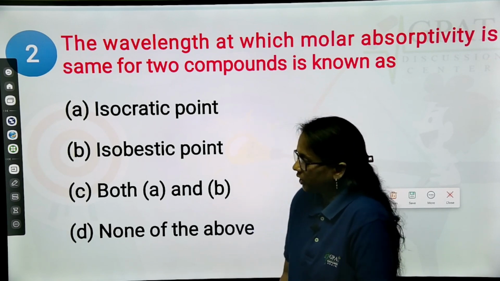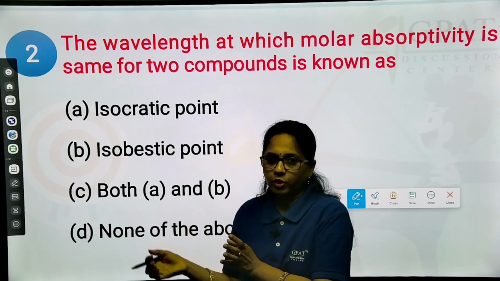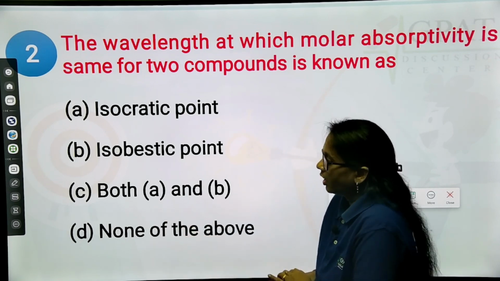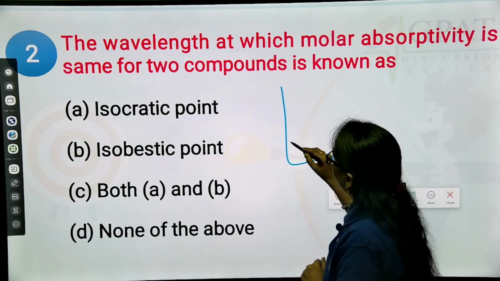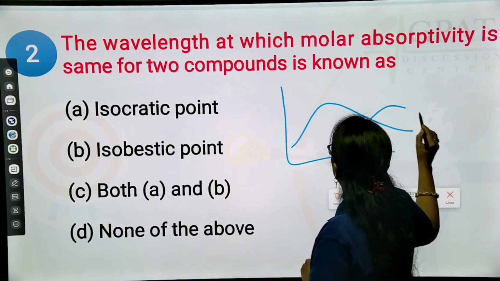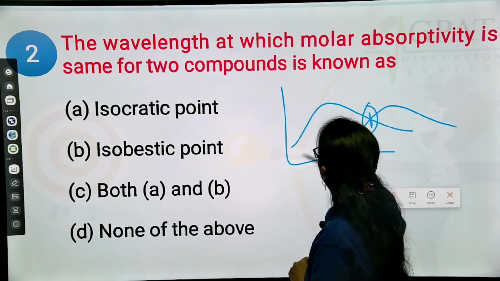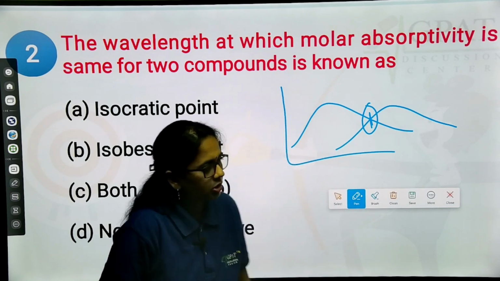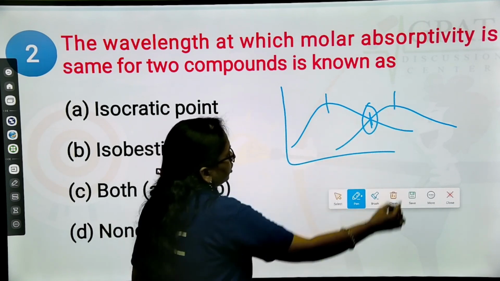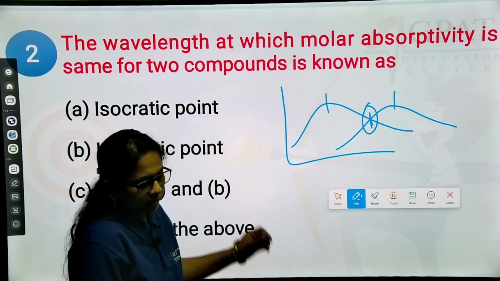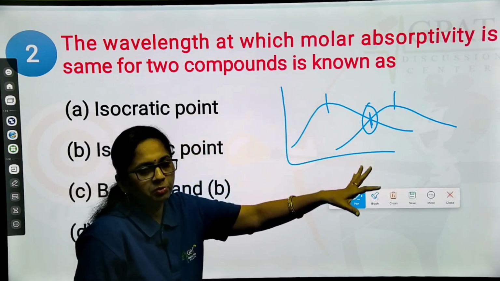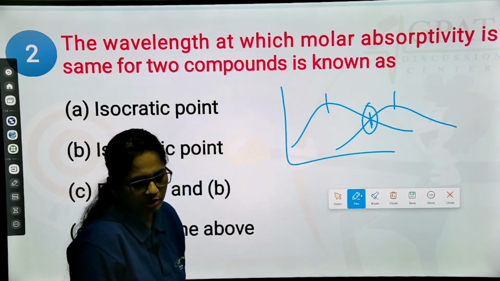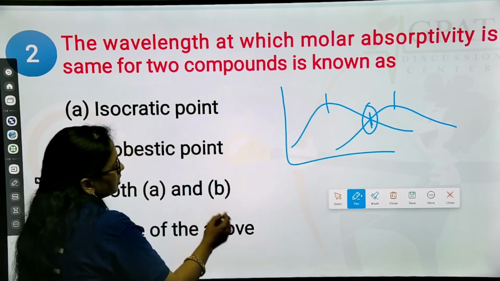Analysis of combined dosage forms plays a very critical role. For that you need not go for each wavelength for each substance. If you observe any two compounds, each has a different lambda max, but the wavelength at which the molar absorptivity is the same for the two compounds is taken as the isosbestic point.